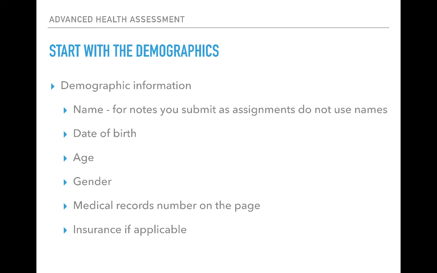Put the date of birth, age, gender, the medical records number on every page, and insurance if applicable. Now, if the insurance has been recorded previously in the chart, you don't need to document it every time. But as a provider, you do need to be aware of it. Different insurances pay different amounts for medications and have different places that will accept them. So it's important to be aware of that to assist your client.